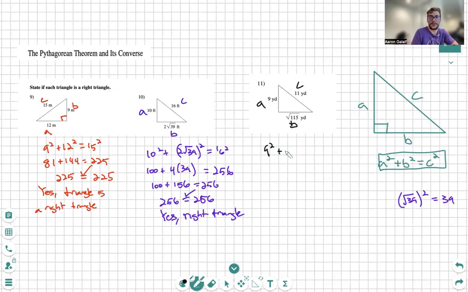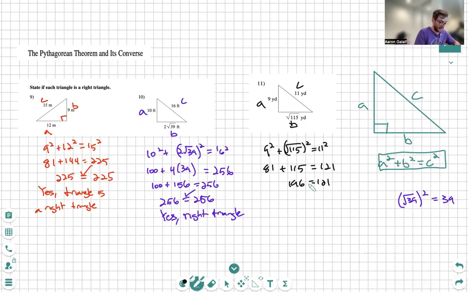9 squared plus square root of 115 squared equals 11 squared. 9 squared is 81 plus 115 equals 196. And you can clearly see this isn't going to work, right? We can clearly see that 81 plus 115 is 196, which is way too big for 121.